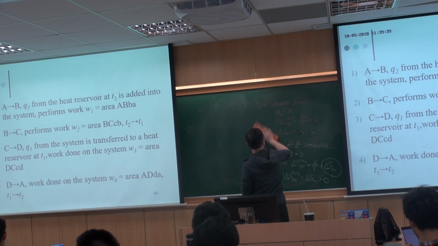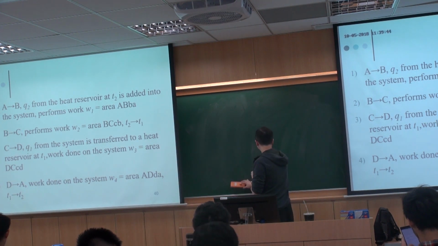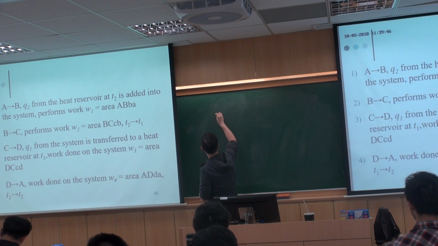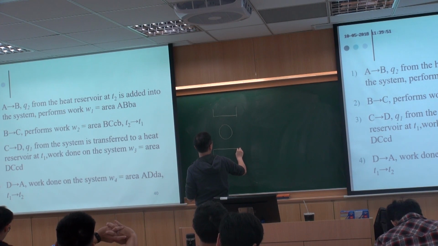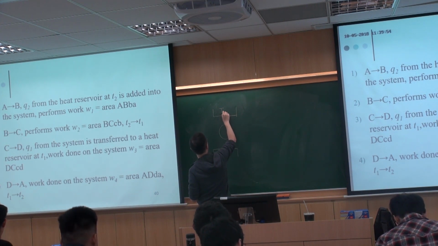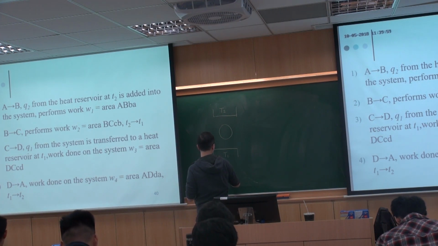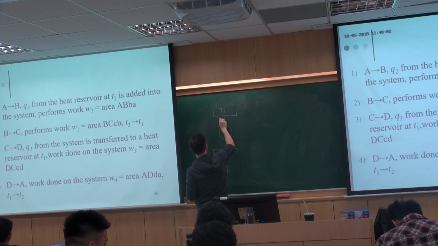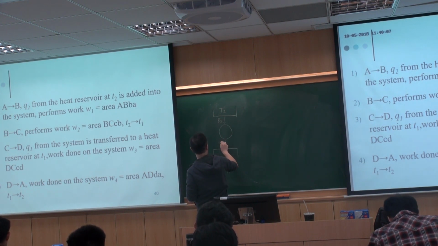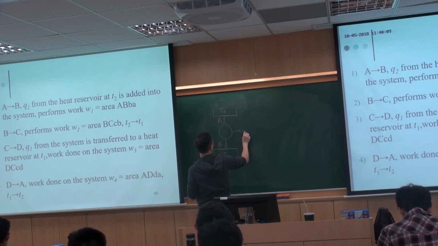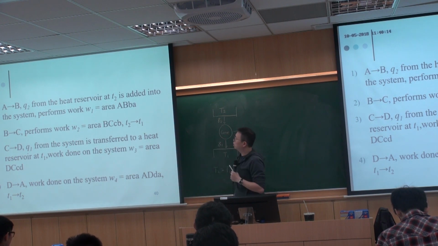So if we draw the heat engine out, it's something like this. So this is T2, T1, T2 greater than T1, of course. So Q, say Q2, this is Q1, this is work, and this is the Carnot engine or Carnot cycle.